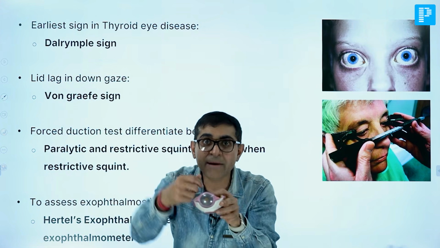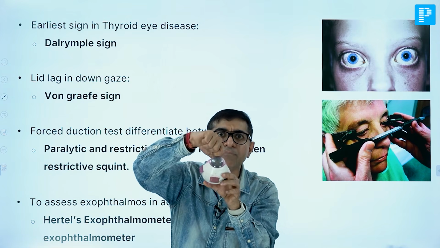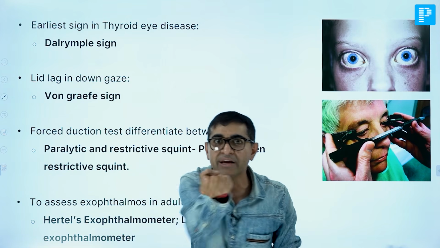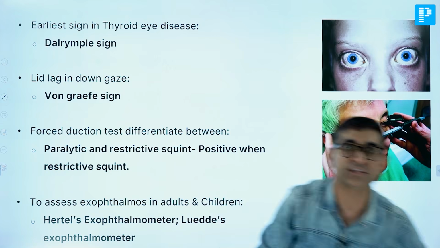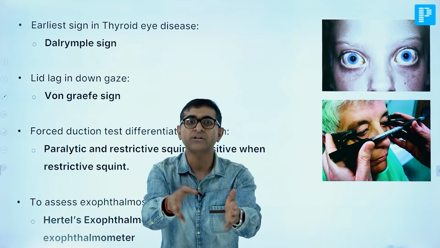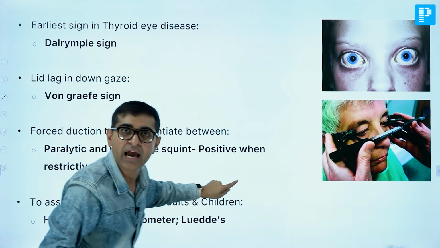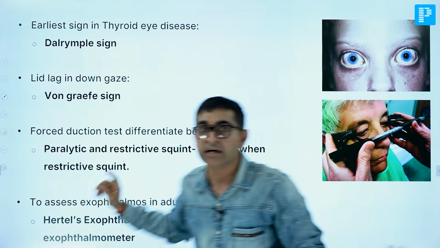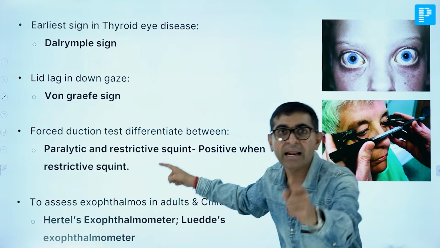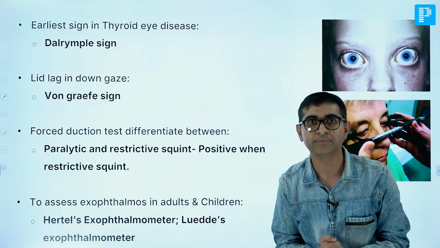If there is no movement even on forcefully trying to move it upwards, that tells you that something is holding the eyeball from below, and boys and girls, that is your inferior rectus fibrosis. So that is why I have told you that it helps in differentiating between paralytic and restrictive squint.